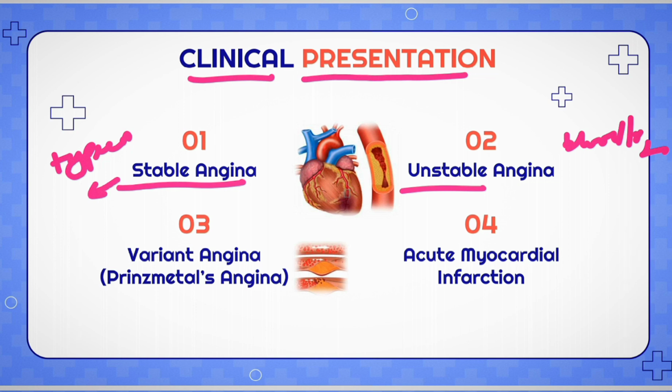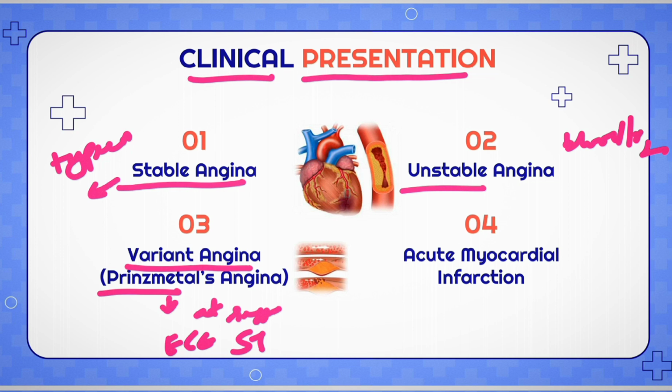The third clinical presentation is known as variant angina. It is also known as Prinzmetal's angina, and it is a clinical condition characterized by chest discomfort or pain at rest with transient ECG changes in the ST segment, and it gives a prompt response to nitrates.